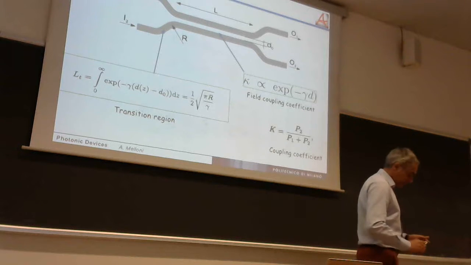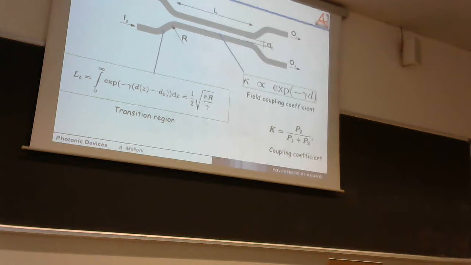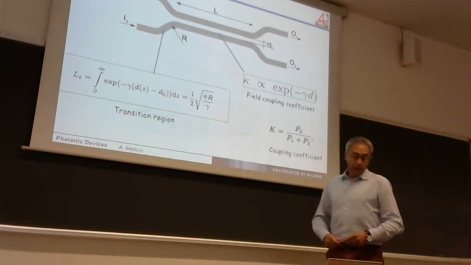Someone asked me about this region. This is the coupling region, and we have a very good formulation for this part, but then you have to arrive in this condition, from this faraway condition where the waveguides are not coupling to this. And clearly, this is a transition region that has an impact on the behavior of the coupler.